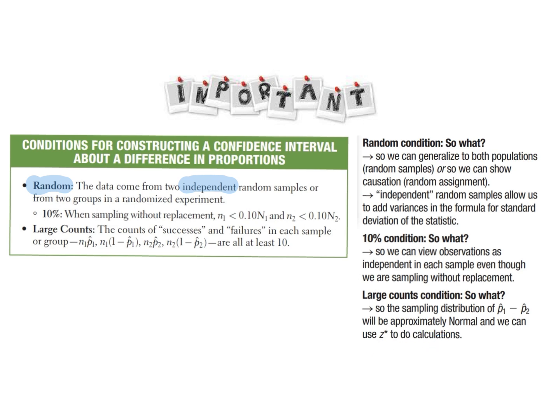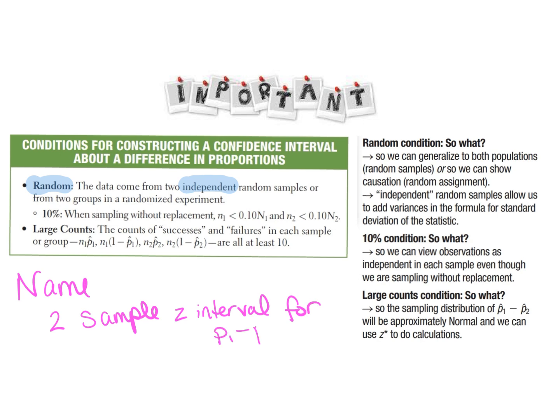I encourage you to pause and look at the screen and really comprehend all the text. What else could be new is the name of our procedure, right? It's a 2-sample Z interval. Make sure you use parameters p1 minus p2, because you're trying to capture the true proportion. If you're using hats, that's the statistic.